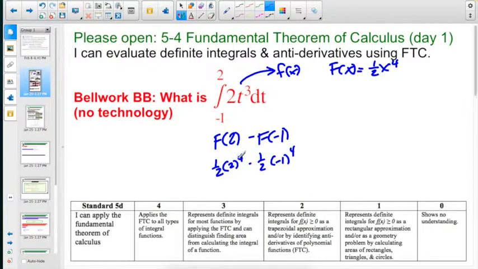And 2 to the fourth is 16, half of 16 is 8, and this is 1, so it's 1/2 times 1 is 1/2. So the value of the antiderivative from -1 to 2 of 2t cubed dt must equal 7.5.